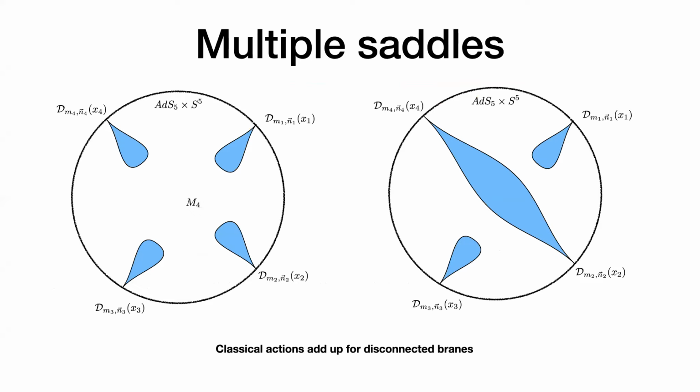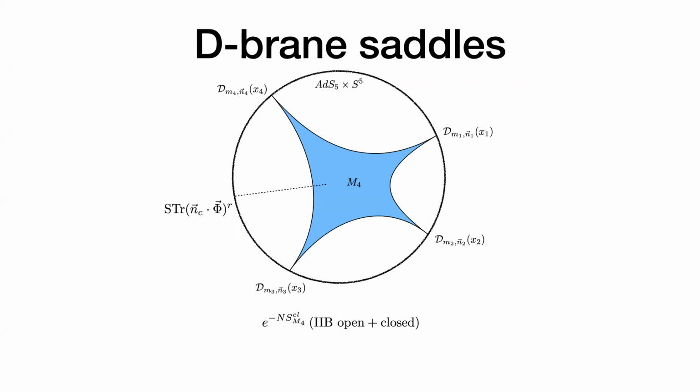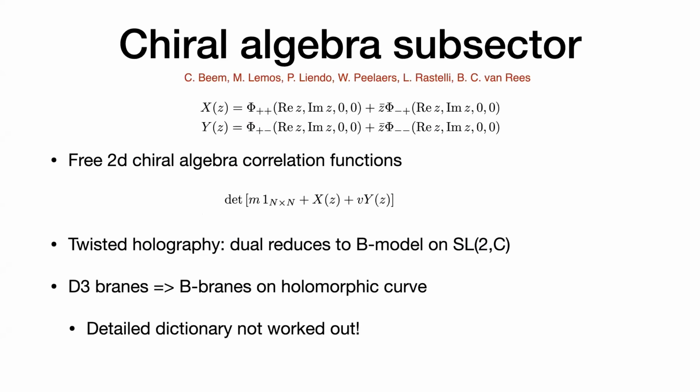And so matching this calculation to some geometric picture gives a nice example of a situation where large N combinatorics can produce geometry directly without having to turn on the 't Hooft coupling.